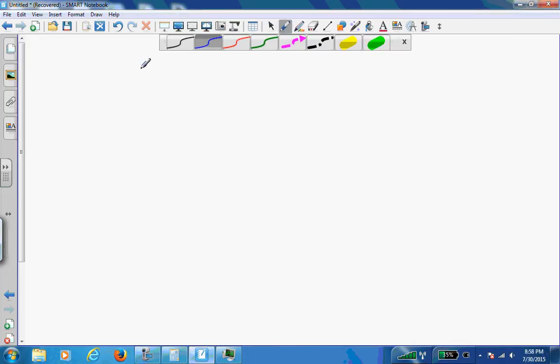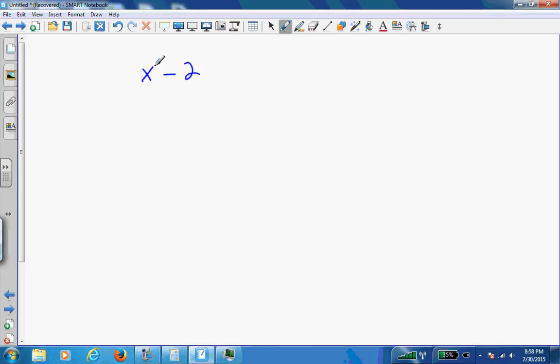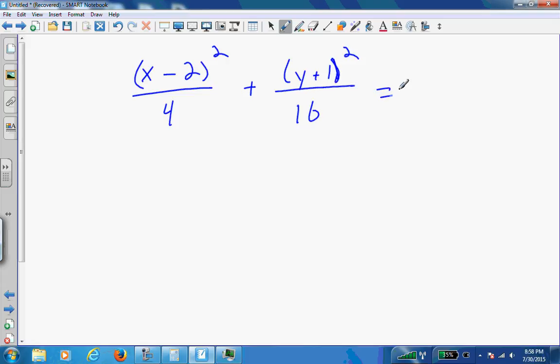So let's just make one up. Let's suppose we have x minus 2 squared over 4 plus y plus 1 squared over 16 equals 1.